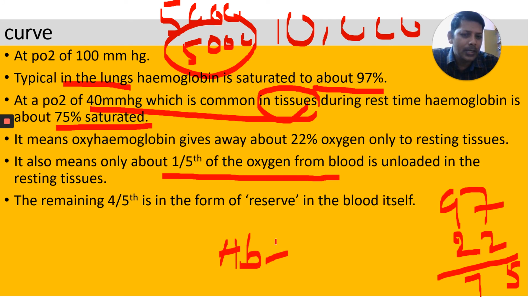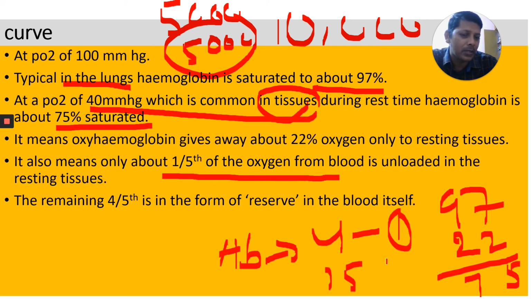Our hemoglobin also, for example, has 4 oxygen molecules. It is giving only 1 oxygen molecule to the tissues, and the remaining, about 75%, it keeps with it in reserve. It means about 22% of oxygen goes to the resting tissues, one fifth of the oxygen from the blood.